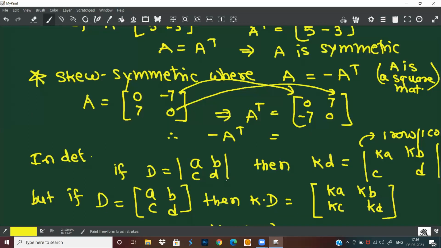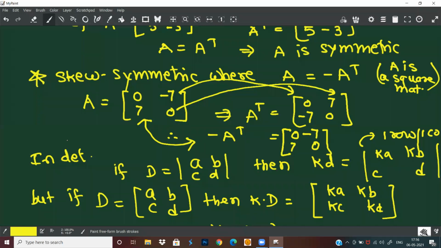Getting it? So if this is my A transpose, then I need minus A transpose, meaning I have to multiply each term by -1. So these two will remain zero, this will be 7, this will be -7. So is it not your A? So in this case, A is equal to minus of A transpose. If A is equal to A transpose, symmetric. And if A is equal to minus of A transpose, skew symmetric.